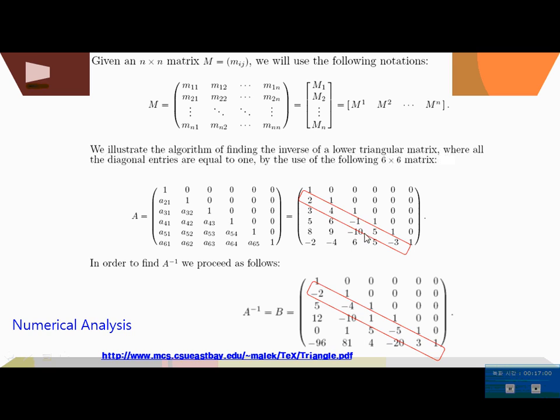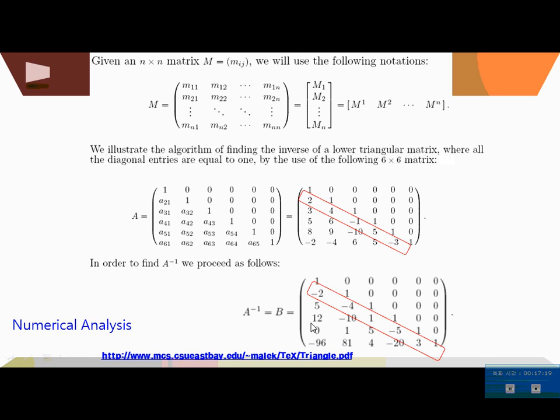So there is quite a relevance. So we can easily find an algorithm to develop the inverse of a lower triangular matrix, which saves a lot of time for finding the inverse of a matrix when we have a lower triangular matrix.